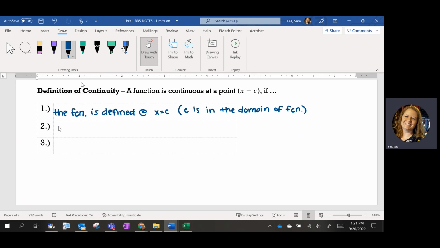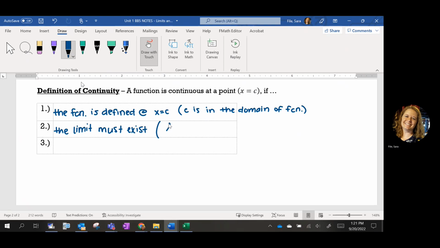The next thing that has to be true is that the limit must exist. Mathematically, the notation is the limit of f of x as x approaches c from the left.